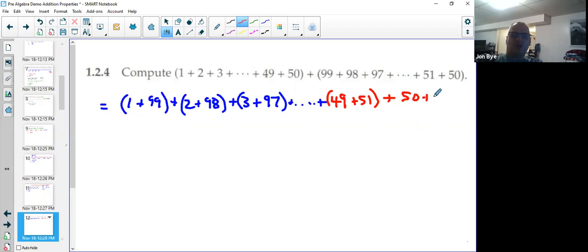And each one of those additions is how much? 100. Each one of these comes out to 100, so there's 100 here, plus another 100, plus another 100. That's the third 100, and we're going up to how many hundreds? Up to the last one, 1, 2, 3, 49, 50.